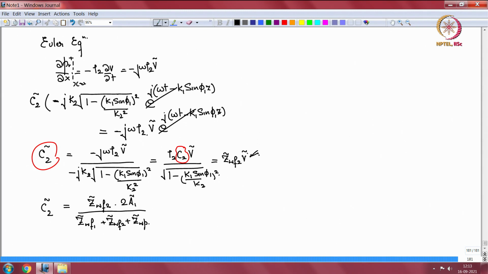Now, we want the intensity transmission coefficient and then the power transmission coefficient.